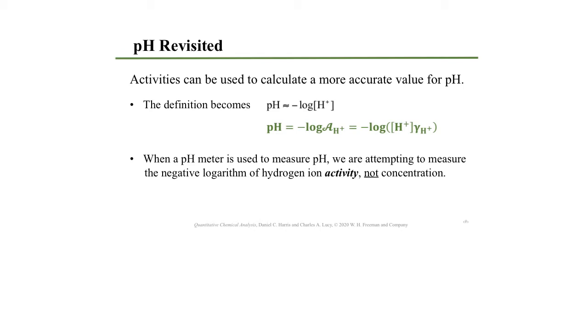And then that becomes the negative log of the concentration of H plus times the activity coefficient. So when a pH meter is used, we're really taking the negative log of the activity, not the concentration.